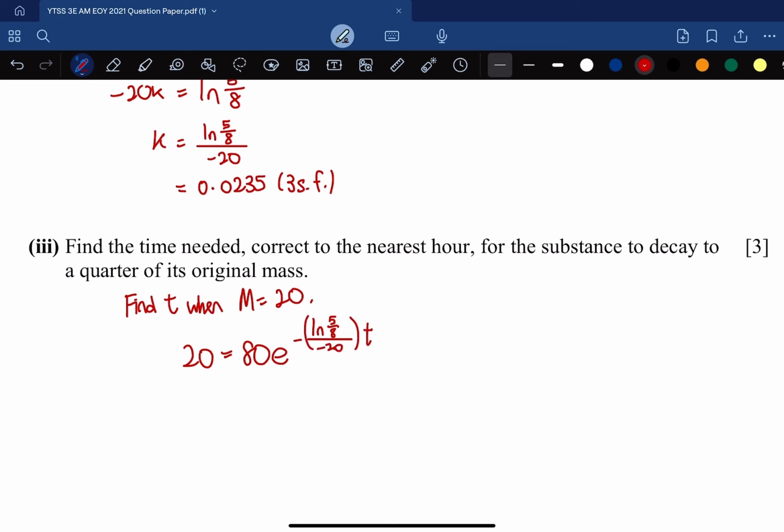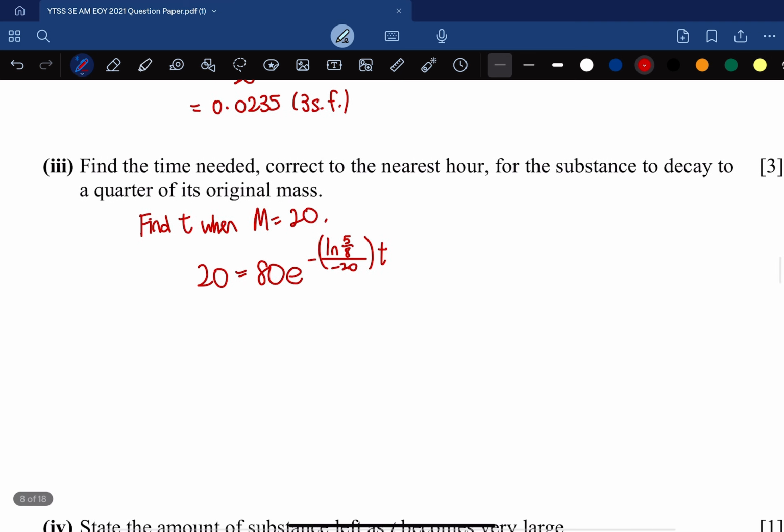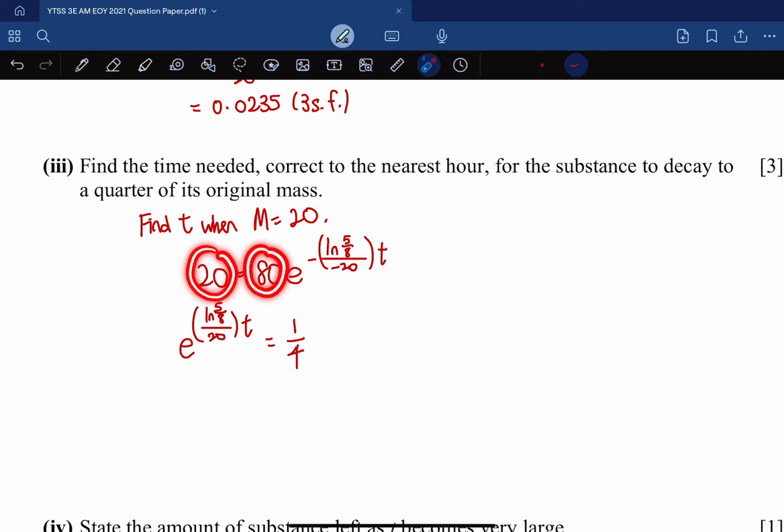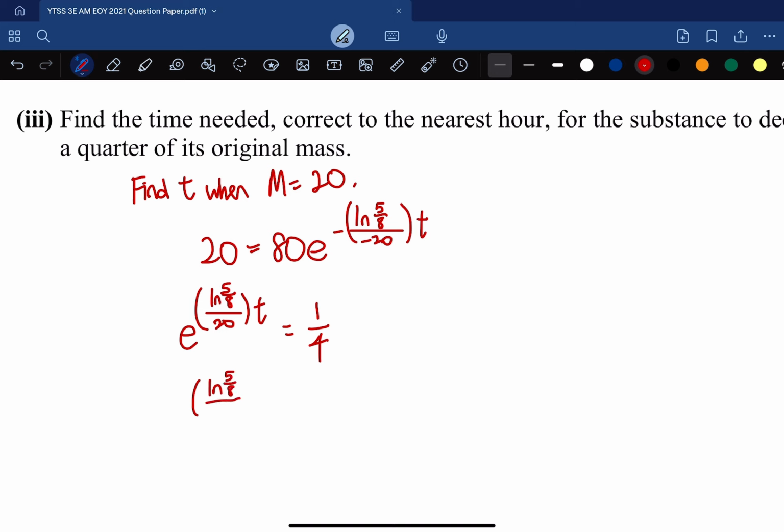So very simply over here, t is found by solving an exponential equation. ln of 5 over 8, the whole thing divided by 20, the whole thing times t equals 1 over 4. Simply divide both sides by 80, 20 divided by 80. Therefore, if I take ln on both sides, I have ln of 5 over 8, the whole thing divided by 20, times t equals ln of 1 over 4.